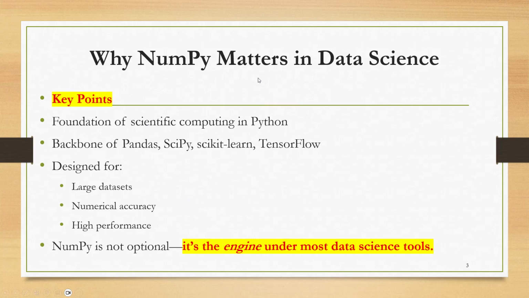So that's the main reason why we use NumPy in data science. First of all, data science deals with large, massive data sets. So we need a package that can give us fast, high performance, and can also handle our large data sets.